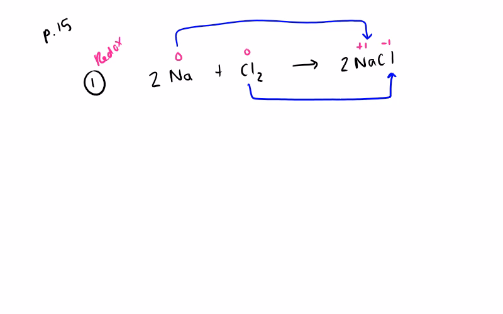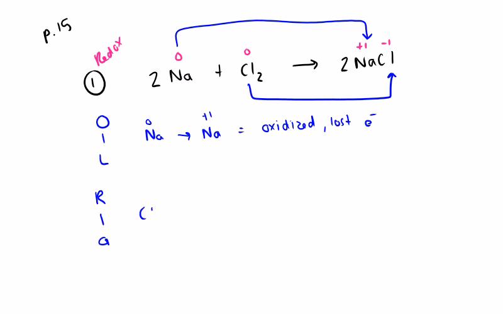So somebody was oxidized and somebody was reduced. Sodium went from 0 to +1, so it was oxidized because it lost electrons. Chlorine went from 0 to -1, so it was reduced because it gained electrons.